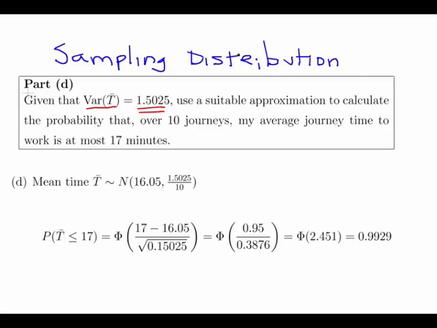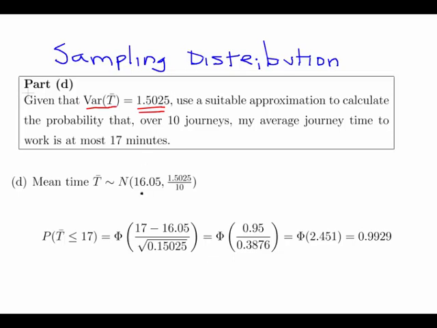We're asked what's the probability of 10 journey times having an average of less than 17 minutes. Sometimes you might have 17-minute journeys, 3 or 4 of them as part of that 10, but some other shorter journeys would cancel out, so what is the probability of having an average of greater than 17?